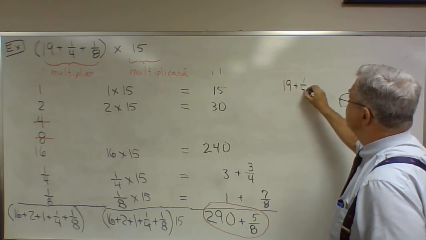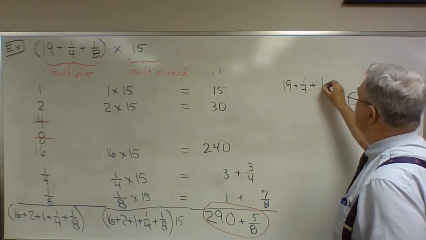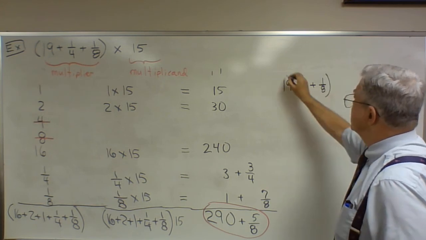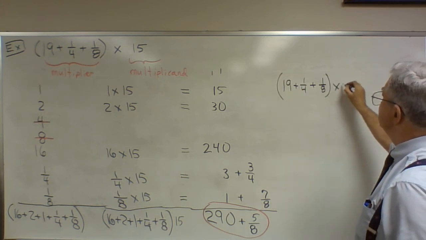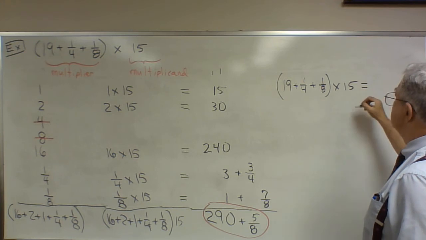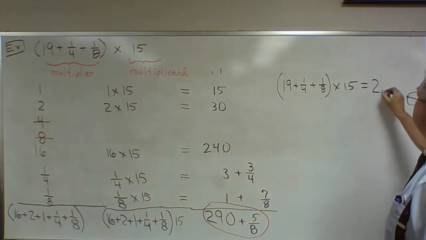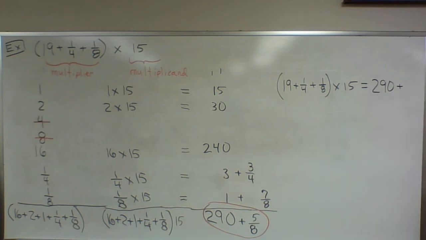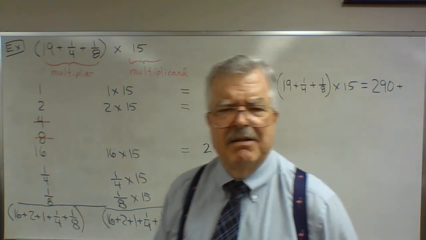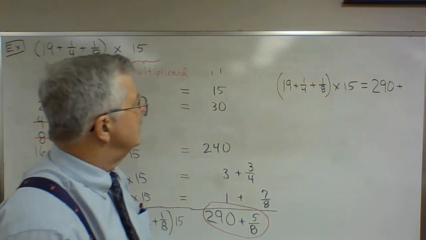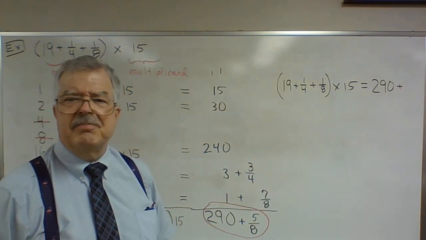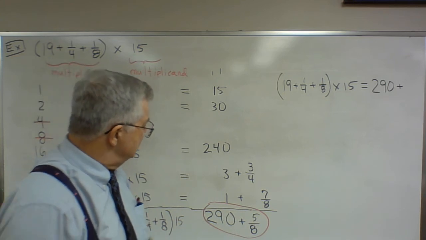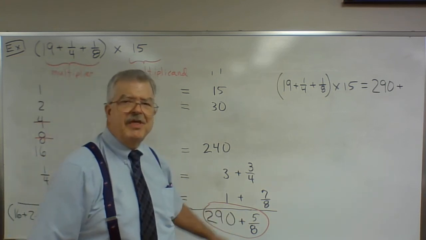19 plus 1/4 plus 1/8 times 15 equals 290 plus, wait a minute. No self-respecting Egyptian would leave the answer in this form, would they?